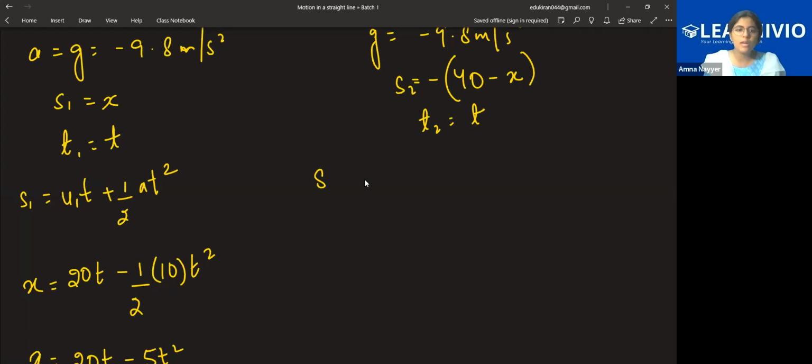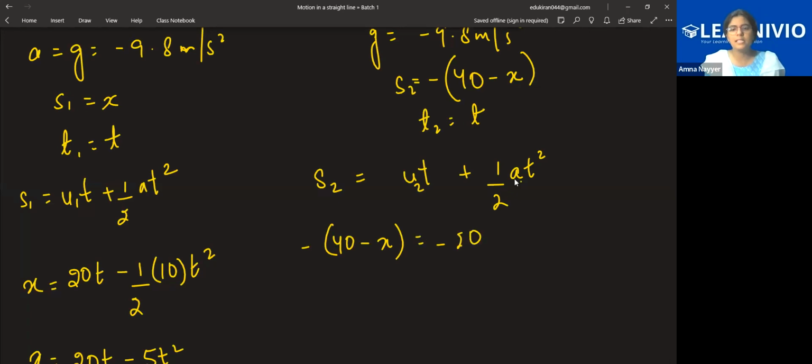So S is equal to ut plus half a t square. This is S2, U2, acceleration and time are the same. So this becomes minus (40 minus X) is equal to minus 20t minus, this is again, 5t square.